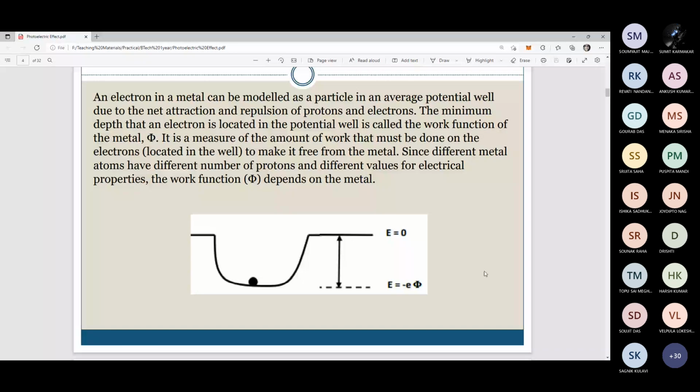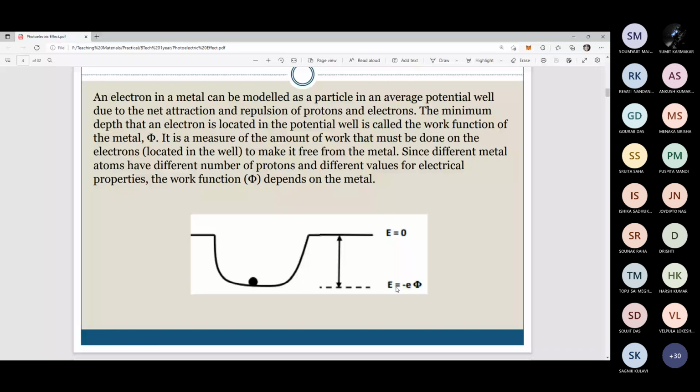So now consider the electron is present inside the material. We say it is present in a potential well of energy minus e phi. So this is the energy.